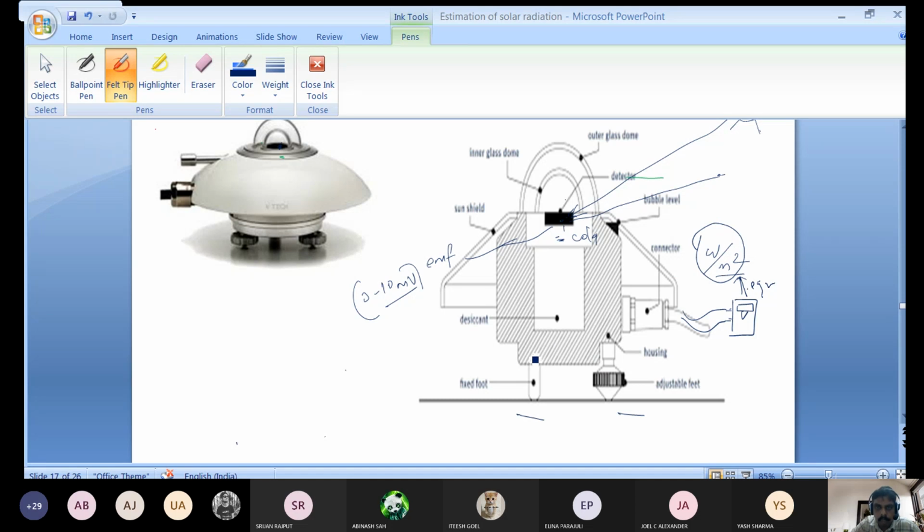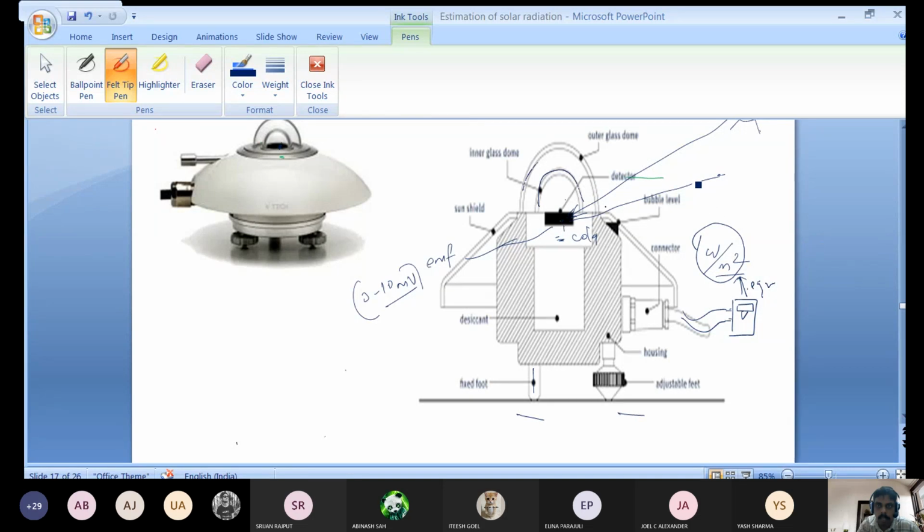If you are asked, you can draw this figure. It will have a stand, case, and sensing area. Then on top you will get two glass covers. What is the need of these two glass covers? To protect this sensor from any ambient disturbances.